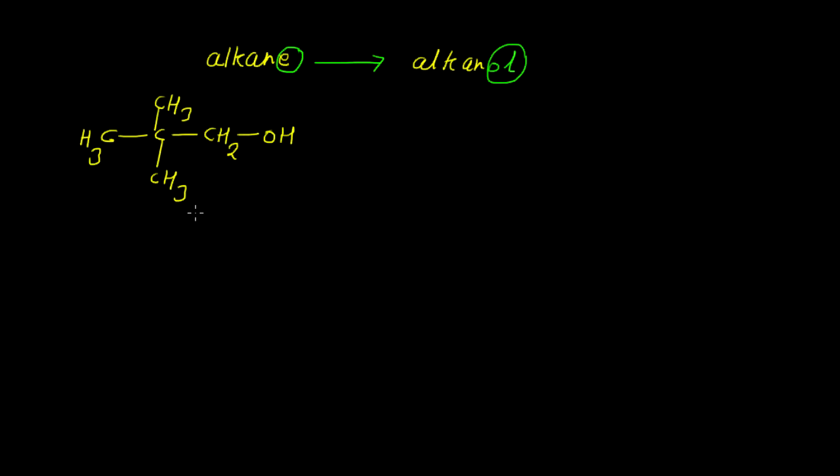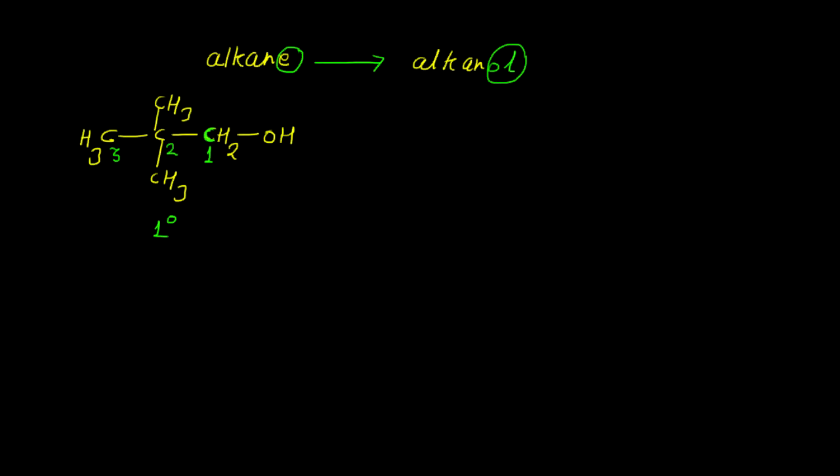Now in this compound you can see that this compound is primary alcohol because this OH group is present on this carbon atom and this carbon is attached to the single carbon atom. It means that only one hydrogen is replaced by this substituted alkyl group. While giving the IUPAC name, we must start the numbering from this carbon atom because OH group is attached to this carbon. Therefore, this will become 1, 2 and 3.